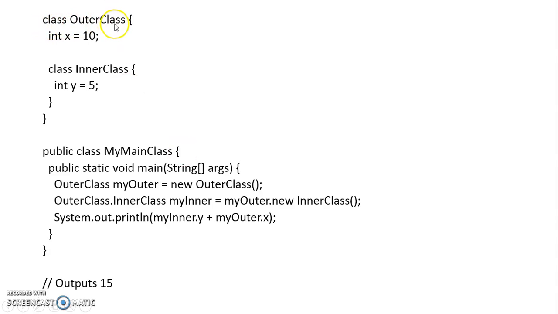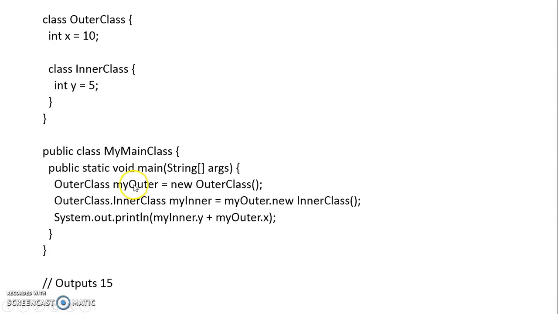Here is my outer class, in which I have declared one variable x of type integer whose value is 10. Then I have my inner class, in which I have defined one variable y of type integer whose value is 5. Then my another class, in which I have my main function. Now as I have told before, to access the inner class you have to create the object of the outer class first.